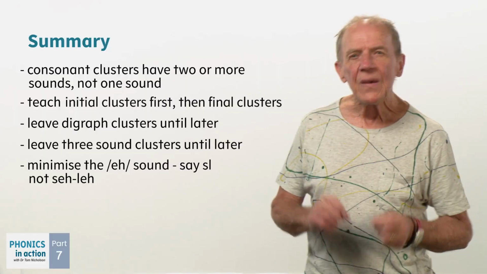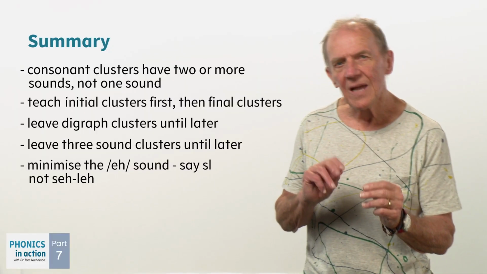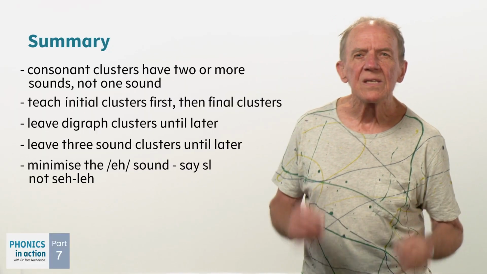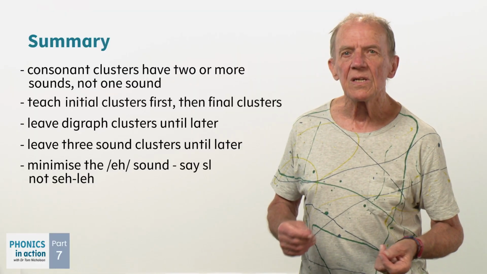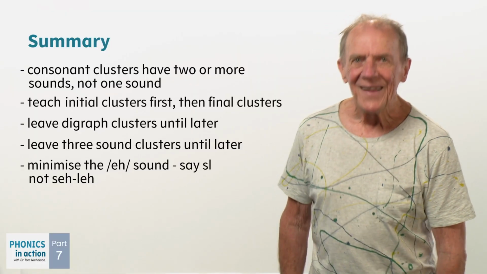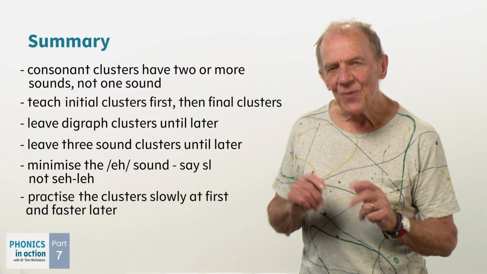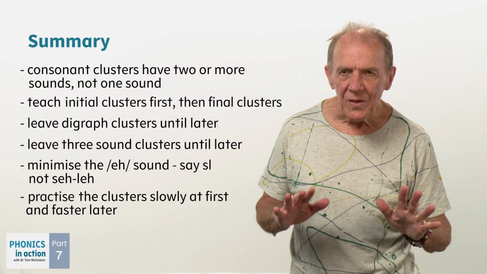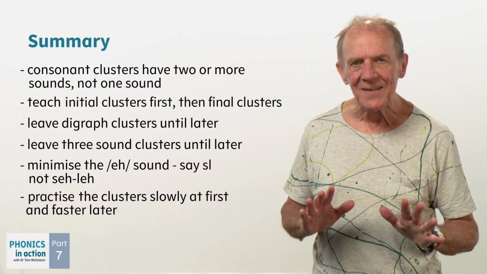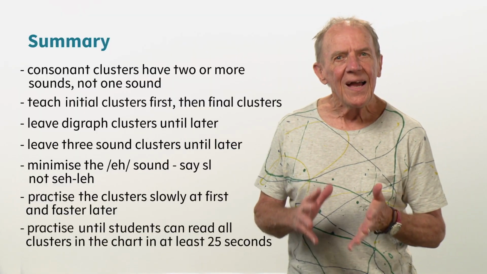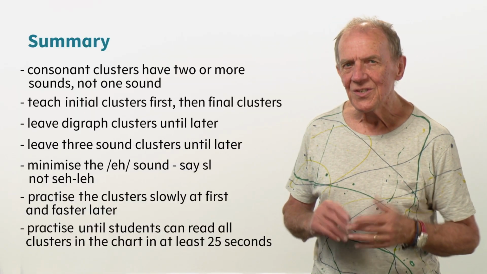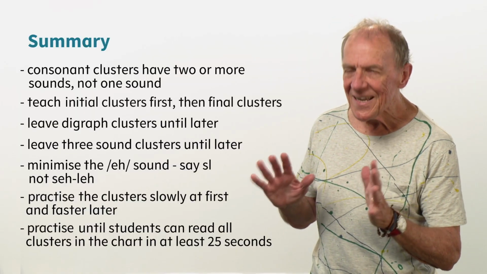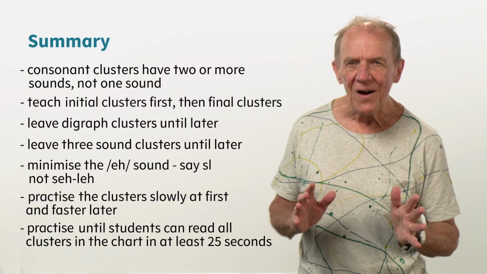And 5, that we minimize the sound. We try to say sl, not suh-l. And number 6, that we practice the clusters slowly at first and faster later. And number 7, that we practice until students can read all the clusters in that chart in 25 seconds. And final suggestion, have fun.